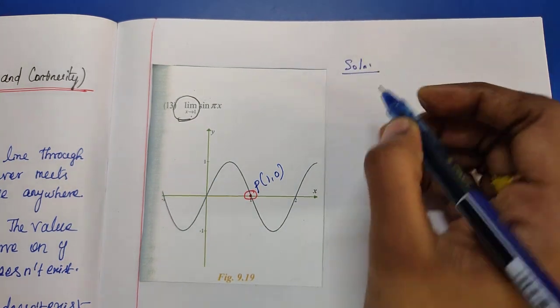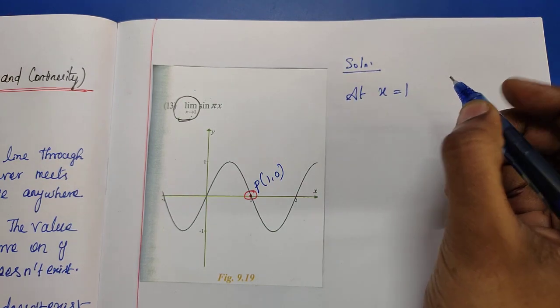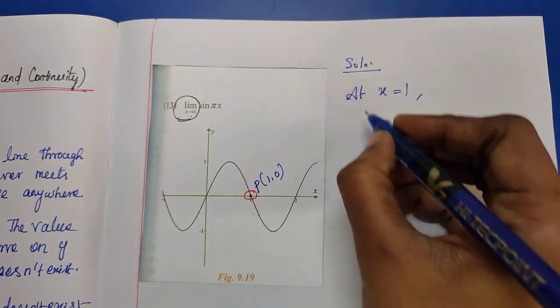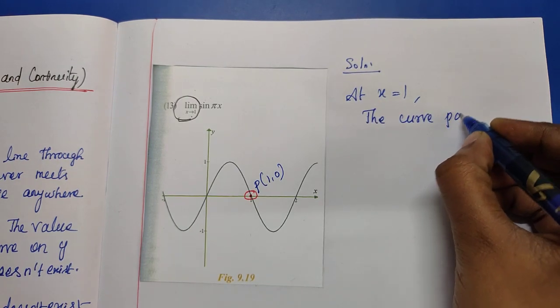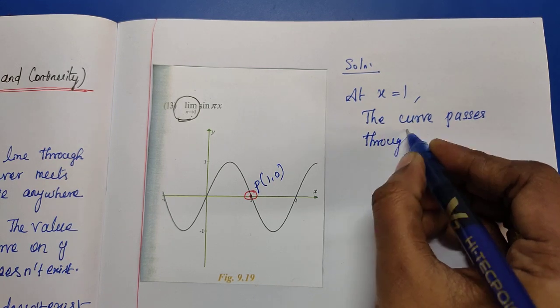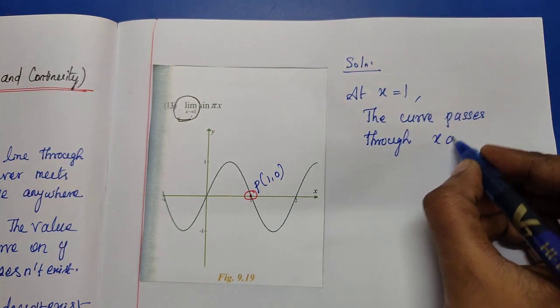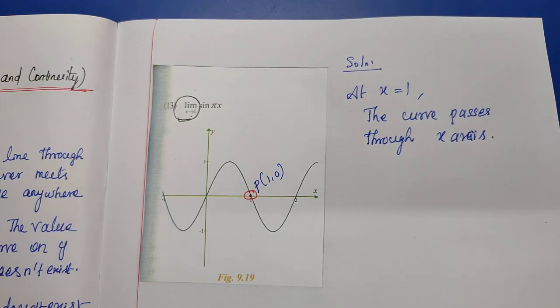Solution. At x is equal to 1, the curve passes through the x-axis.